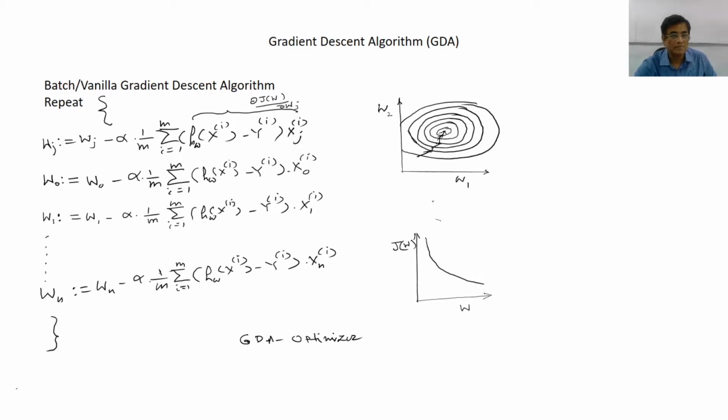This is the derivative of the cost function, and alpha is the learning rate. This is also called a hyperparameter, alpha hyperparameter.